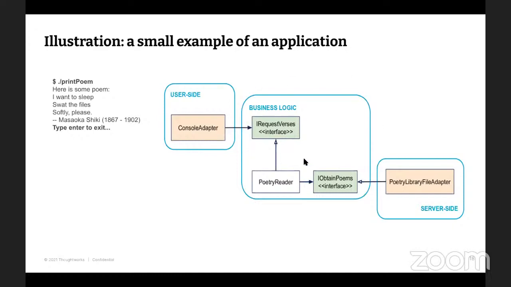In the business logic layer, business logic is not aware of who sends the request because there is no outward arrow from the business logic to the user side. So business logic doesn't know who sends the request, but rather it is interested in what is being asked for, right?